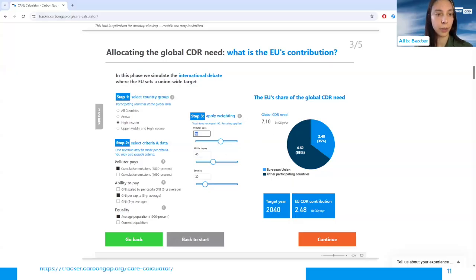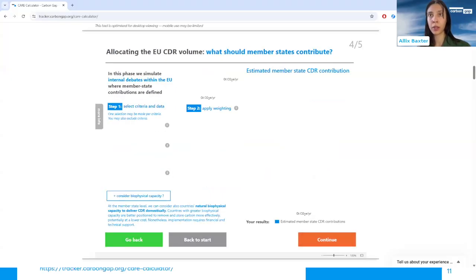Okay, let's keep it at that. And actually, the highest for equality is at 0. So even though we have it listed here, it's going to be not included in our model. So we end up with an EU CDR contribution of 2.49 gigatons per year, so quite high already in 2040. So let's continue.